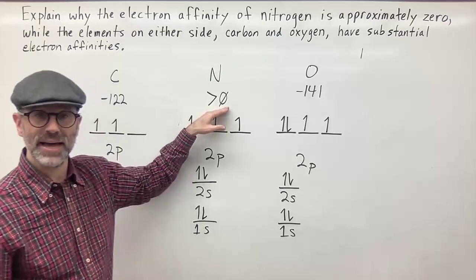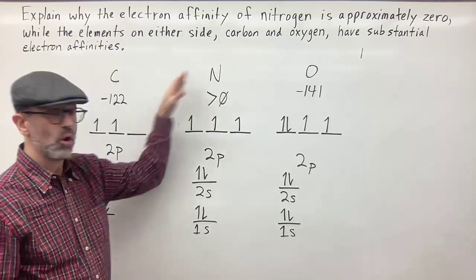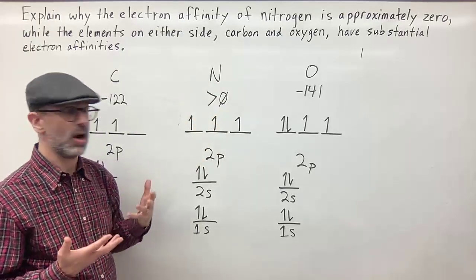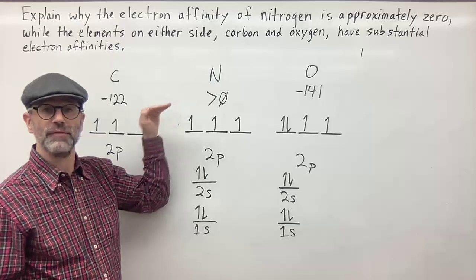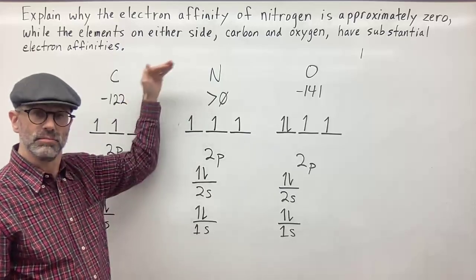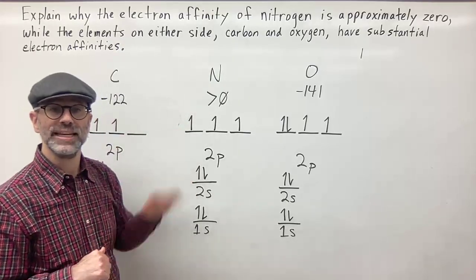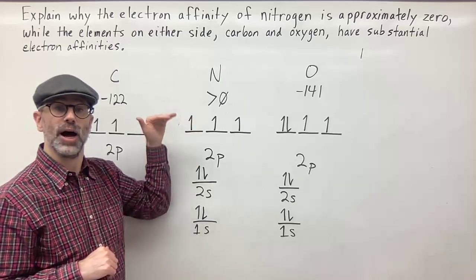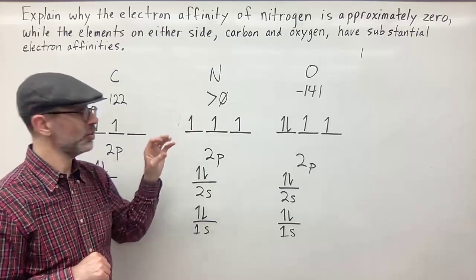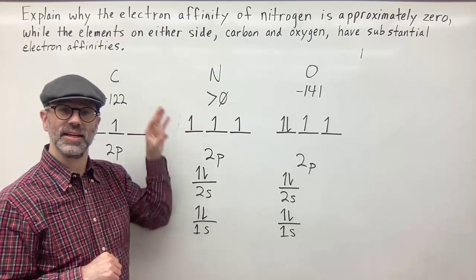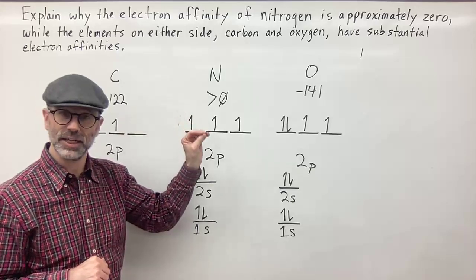Nitrogen has approximately 0, a little bit higher than 0, right? So this means that no energy is released, or in some ways, if it's positive, then you actually have to give energy to get the nitrogen to accept the electron. So this is going to take energy to make the nitrogen accept the electron.